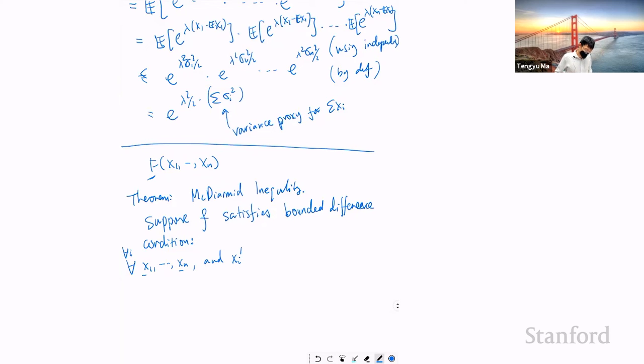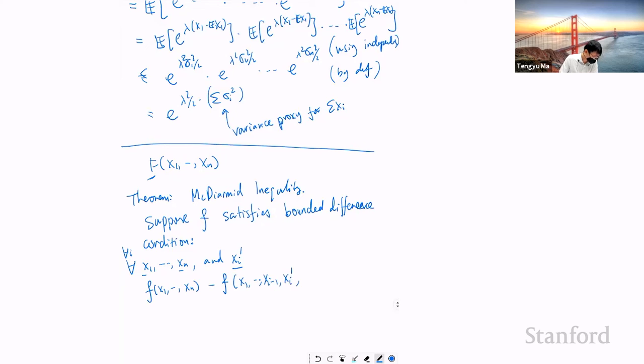So for every i, for every choice of x1 up to xn, and for every xi prime, which will be used as a replacement for xi, you look at two quantities: one is f applied on x1 up to xn, and the other is f applied on x1 up to xn but with xi replaced by xi prime.